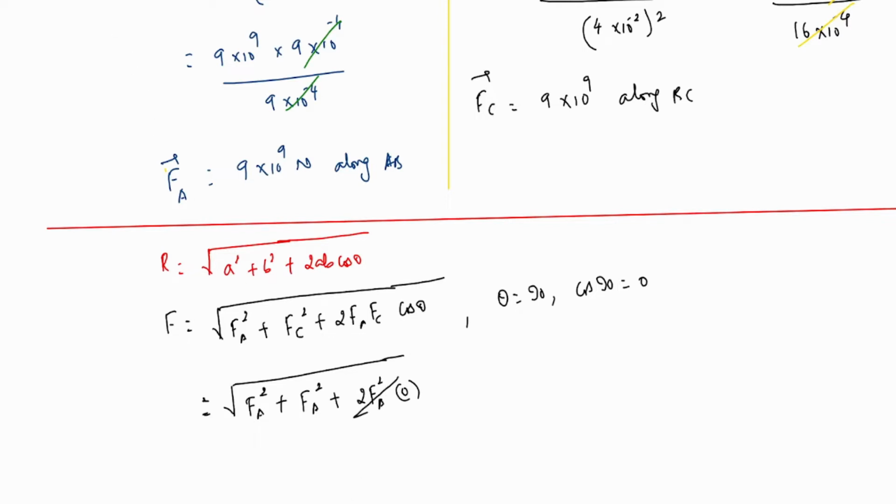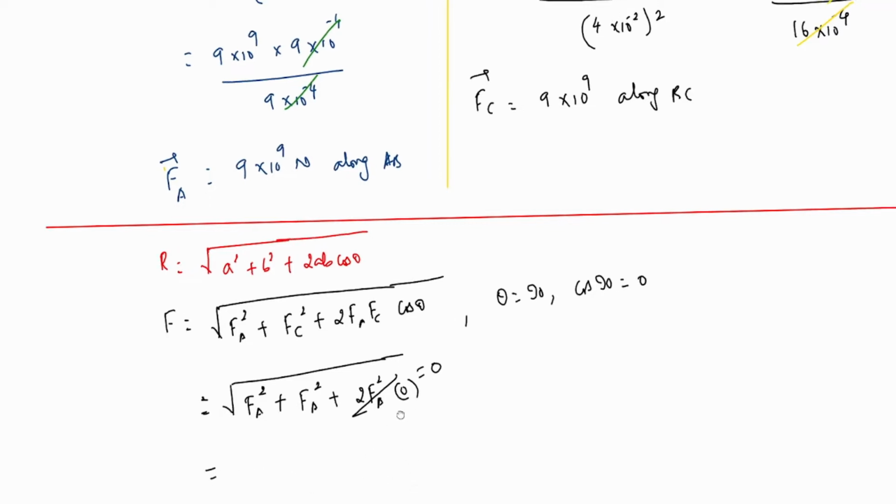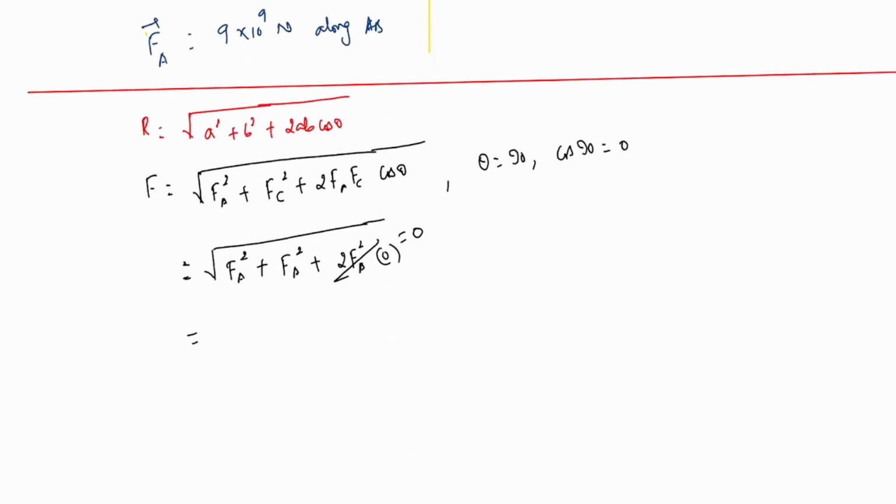So this term becomes 0. So what remains is under root of 2 into FA the whole square, that is equal to FA into root 2.